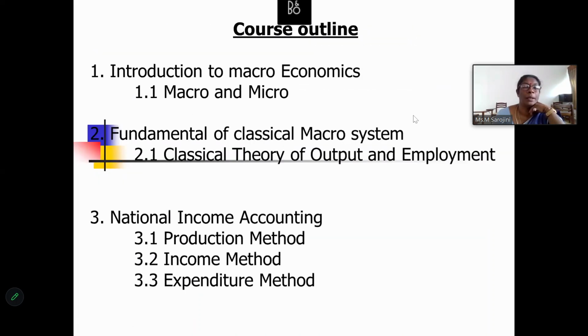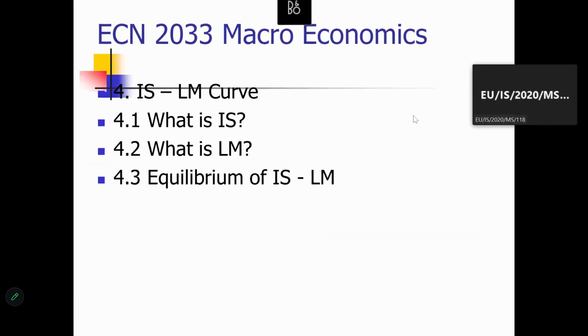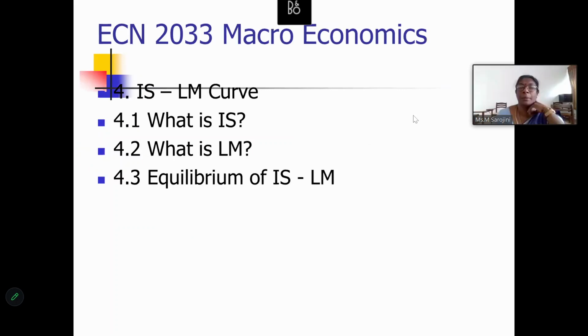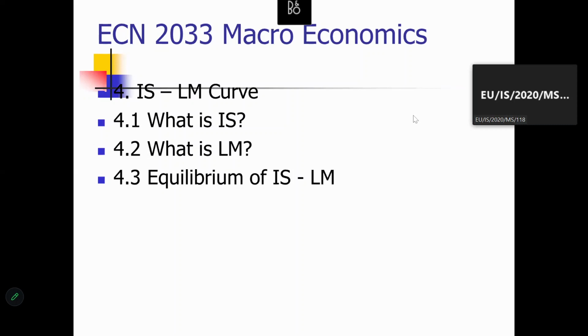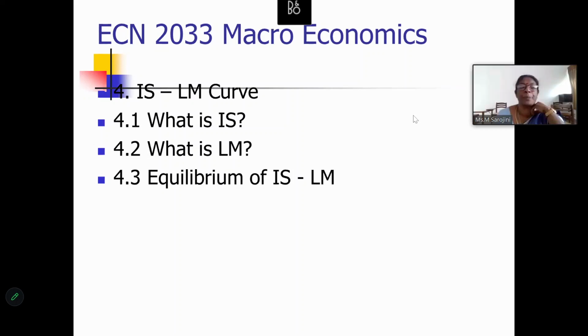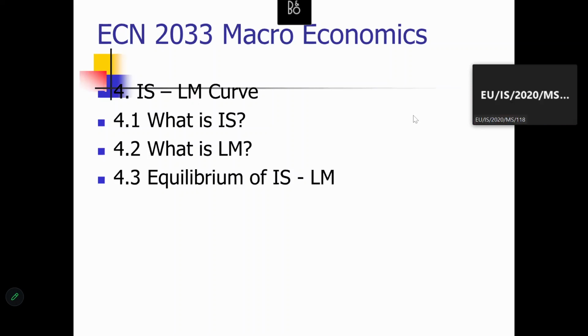And the next one is the IS-LM curve. Under the IS-LM curve, we have to learn what is IS, what is LM, and IS-LM equilibrium. Here IS means product market equilibrium.